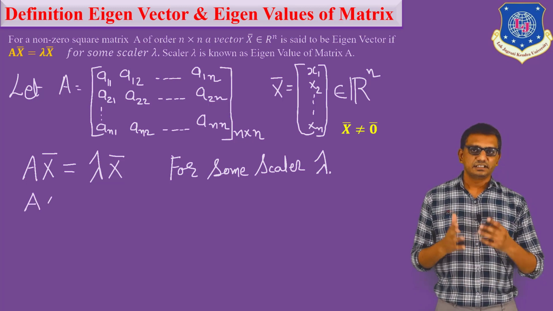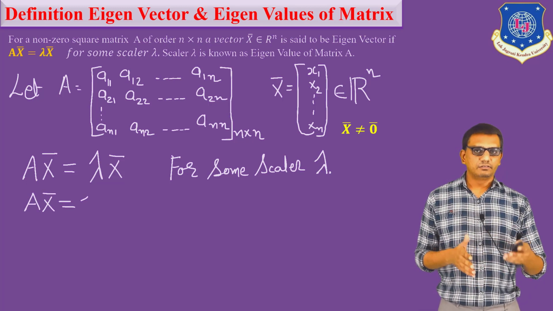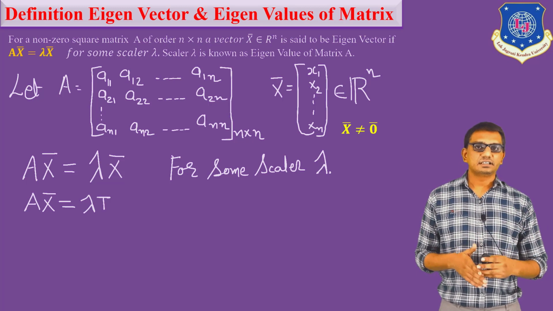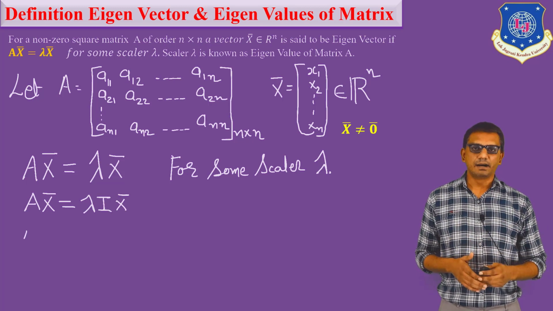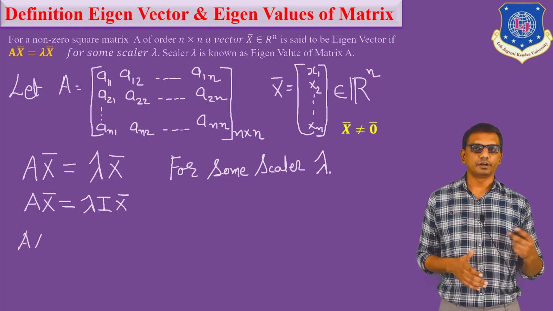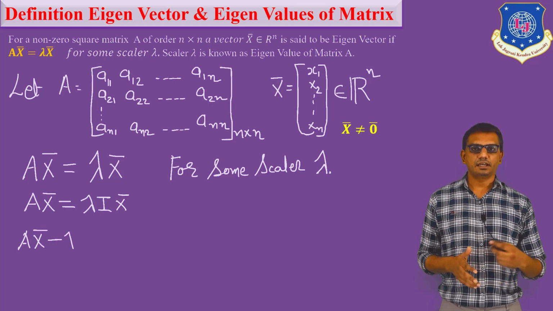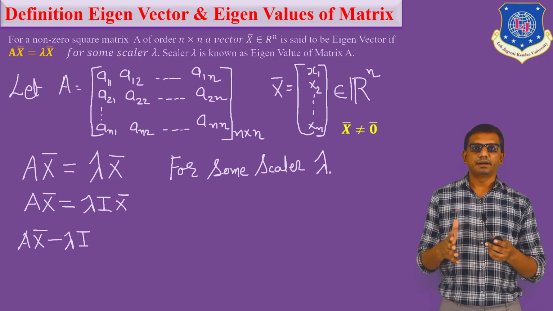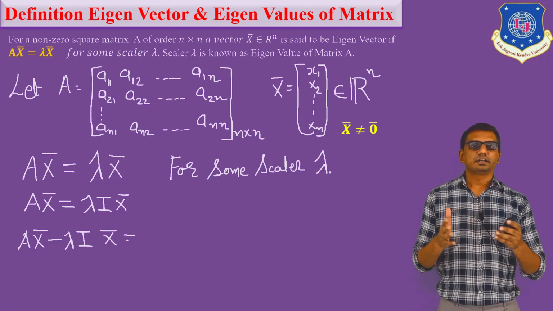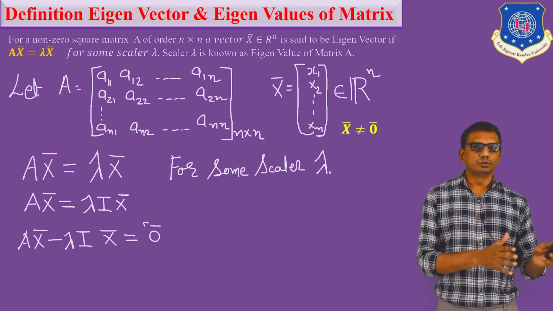In this case A x bar is equal to lambda I x bar, where I is the identity matrix of order n cross n, and A x bar minus lambda I x bar is equal to 0.